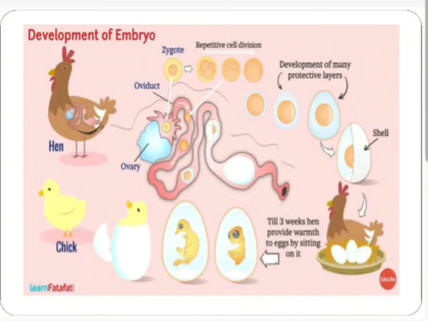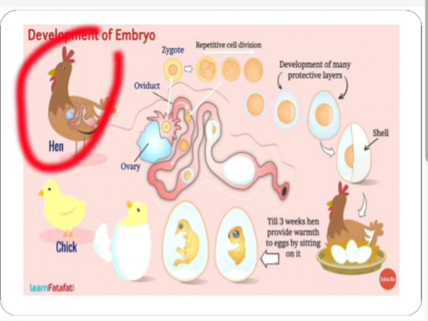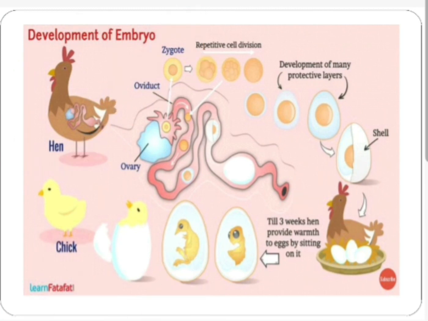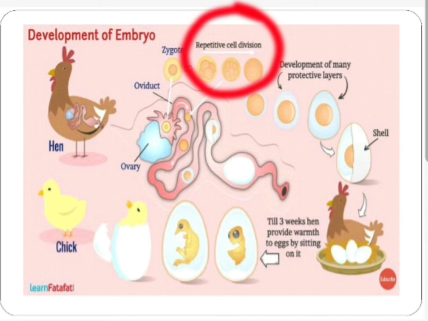Internal fertilization takes place in hens also. But do hens give birth to babies like human beings and cows? Soon after fertilization, the zygote divides rapidly and travels down the oviduct.